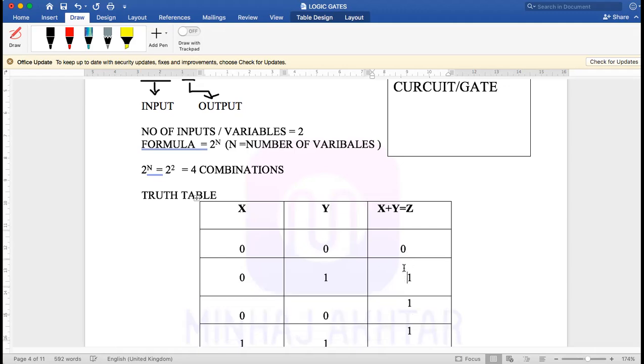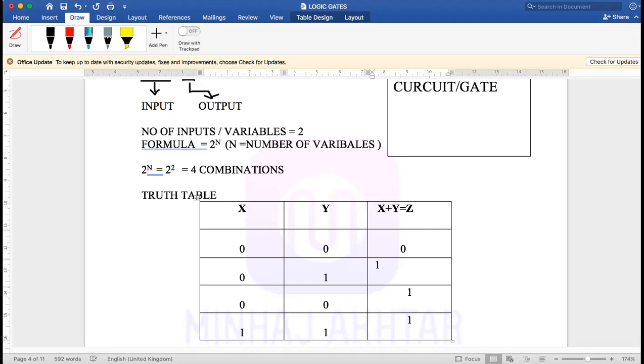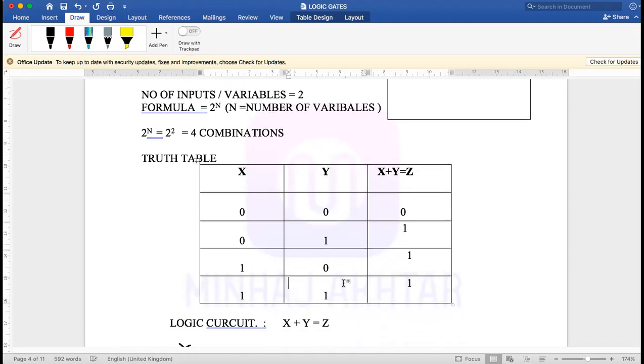In this case, we just apply 1, because 0 plus 1 is 1. 0 plus 0. Hey, we have done some mistake here. Look. Yes, 1 here. We need to be awake all the time, because if we are not going to see the things, we will lose the question. So 0, 1, 1, 1 is our answer.